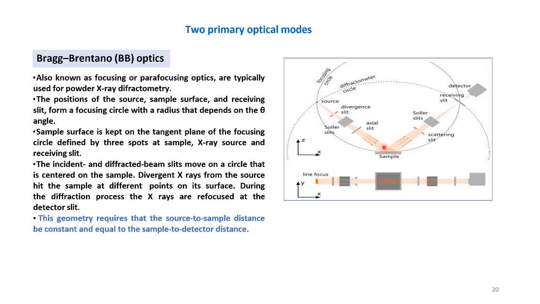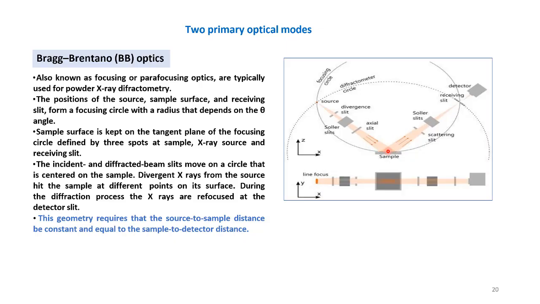So three spots are there, and on the tangent one, the sample is kept. The incident and diffracted beam slits move on a circle that is centered on the sample. So the incident one and the diffracted one both move on a circle, and the sample is at the center.